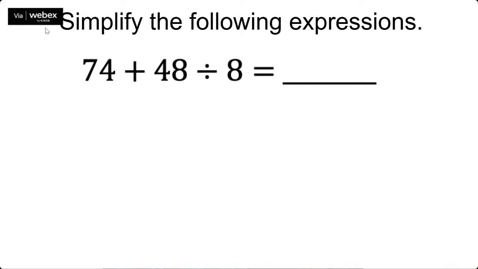Hold on. Okay, everybody has the right answer. We're all getting 80. Are there any questions? If not, drop no and we'll look at the next.